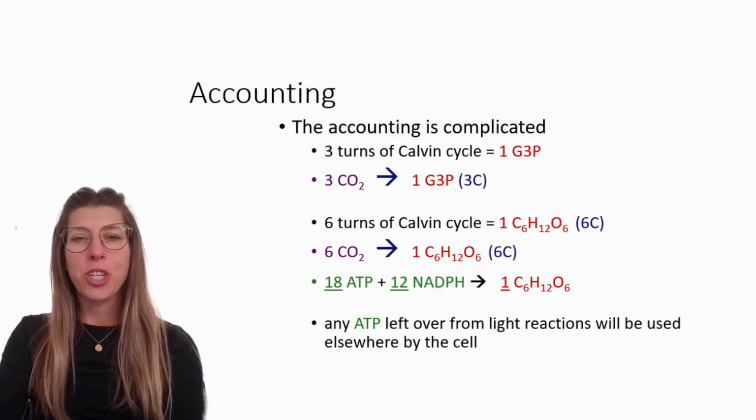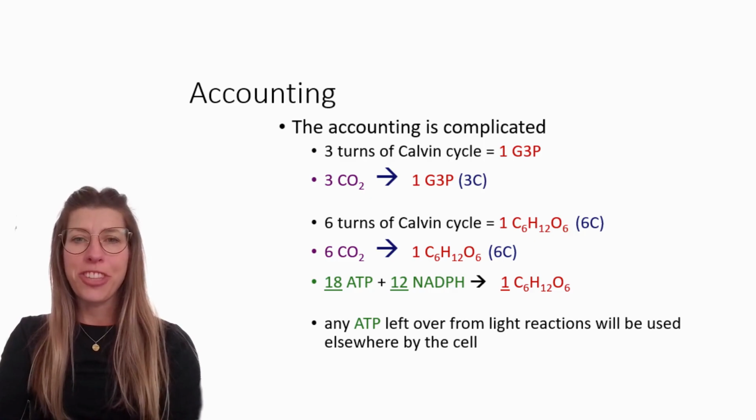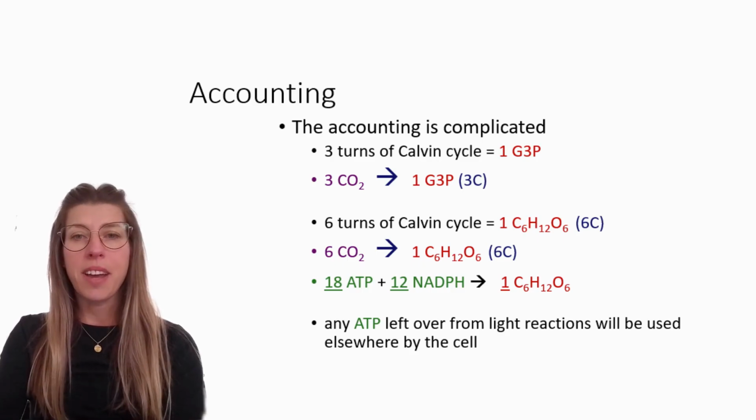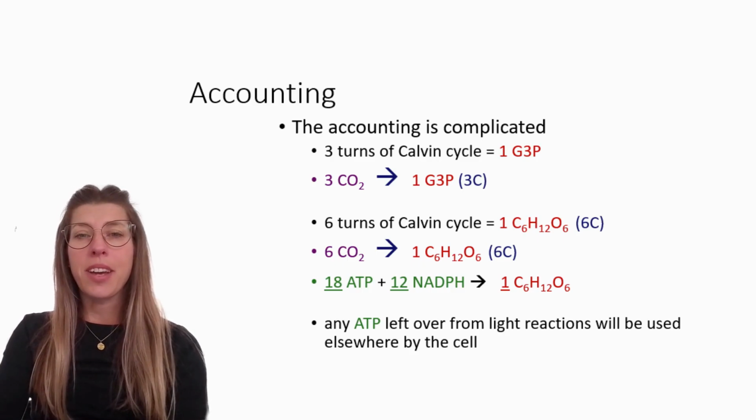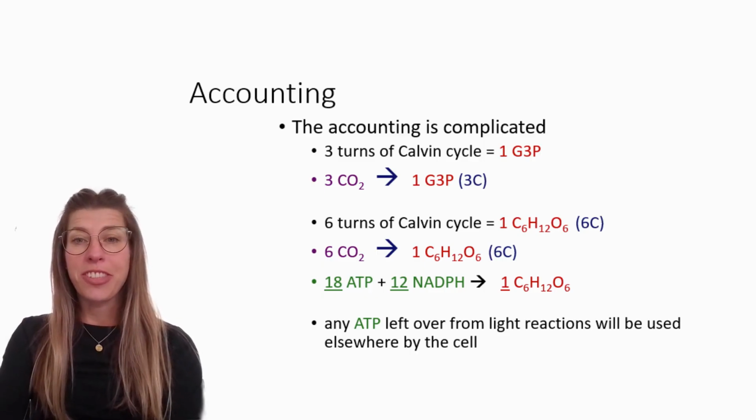So then 6 turns of the Calvin cycle, right, double that, creates C6H12O6 when we're talking about the formation of glucose. So we need 6 turns total. So that means when we're talking about carbon dioxide, it takes 6 carbon dioxide, right? It has that 6 carbon in there to make the 6-carbon sugar, C6H12O6.